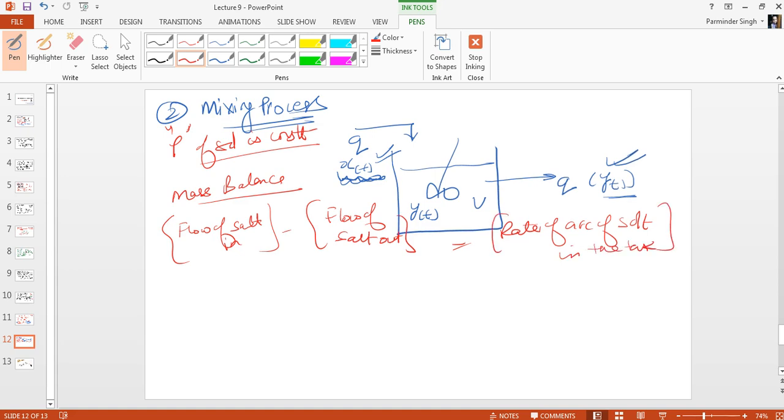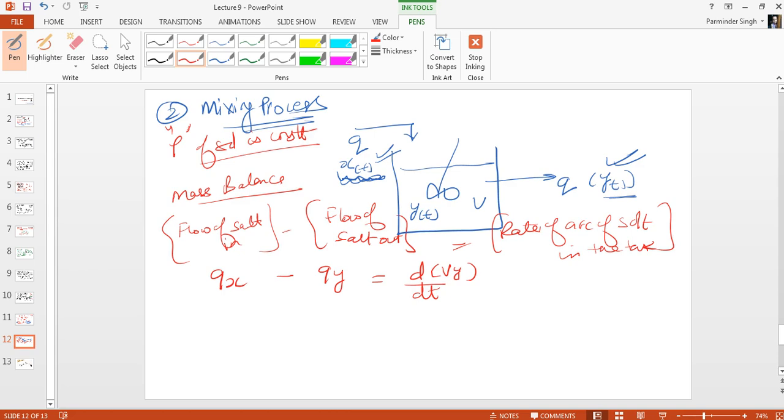Clear? So input salt Q into X, output Q into Y, and rate of change of that will be V into dY/dt, where Q represents the inlet volumetric flow rate, and at inlet and outlet the volumetric flow rate is the same, that is Q.